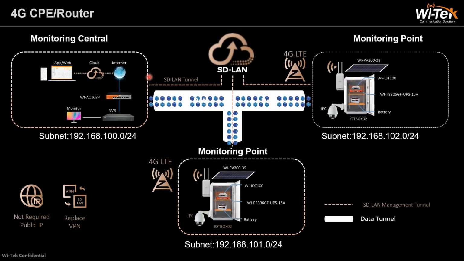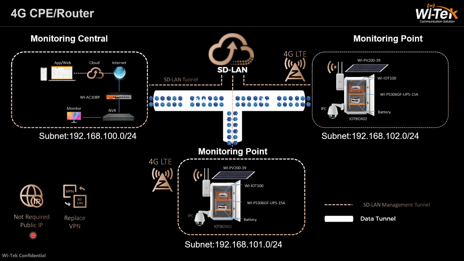Let me introduce the SD-LAN function in our 4G LTE routers. The SD-LAN function provides encrypted tunnels to transmit all the data and video streams. Its main advantage is that it can replace the VPN function. We know that for the VPN function, you must have a public IP, right?